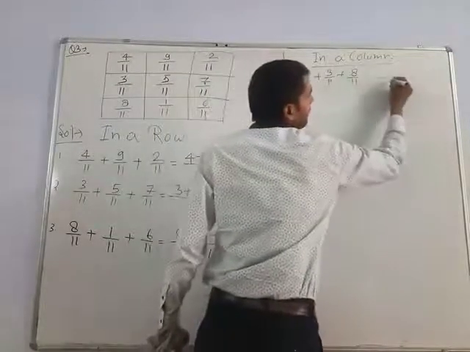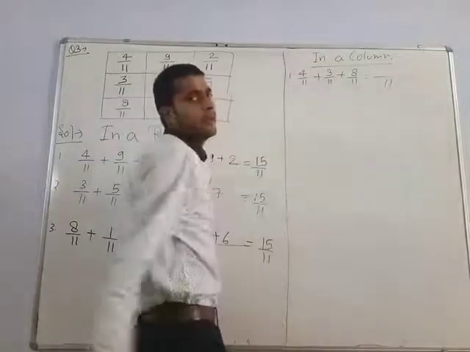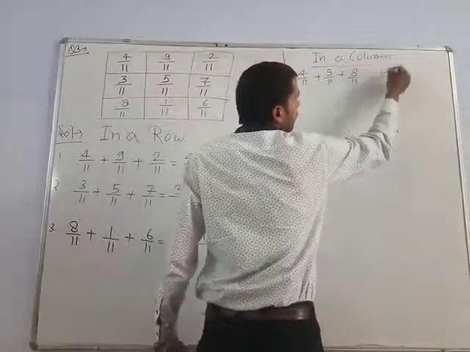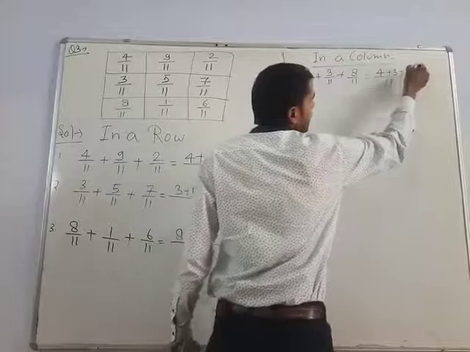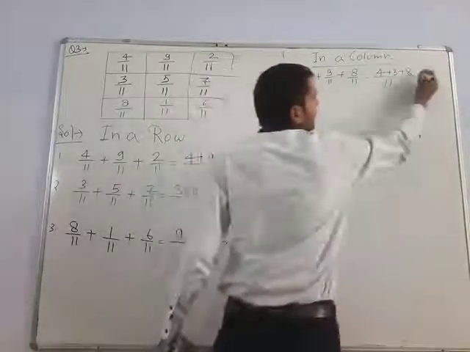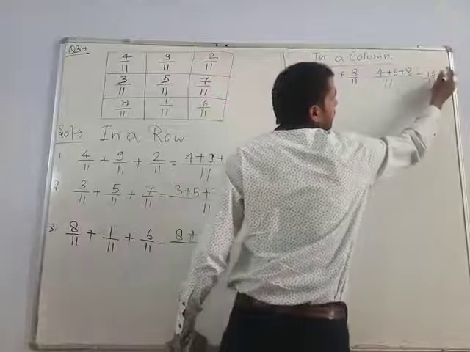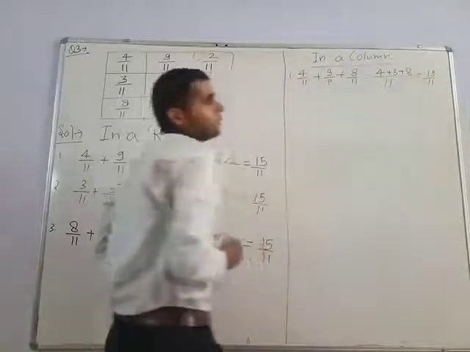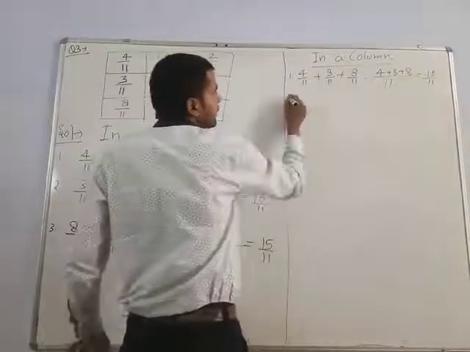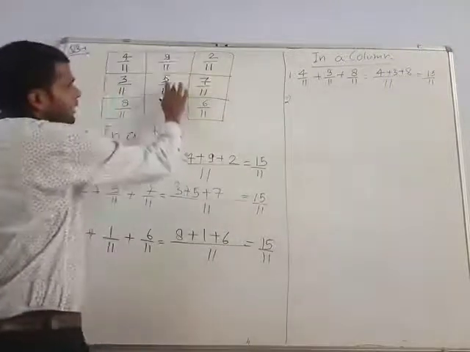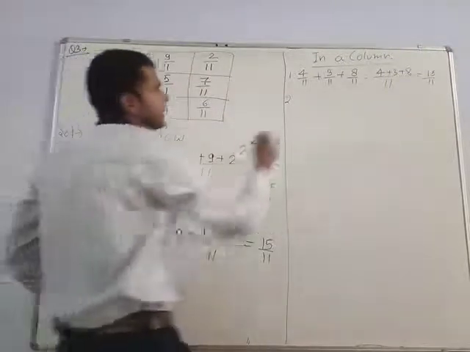We have to take LCM 11 and add all the numerator values, 4 plus 3 plus 8. So that is 7, 7 plus 8, 15 upon 11. Right?